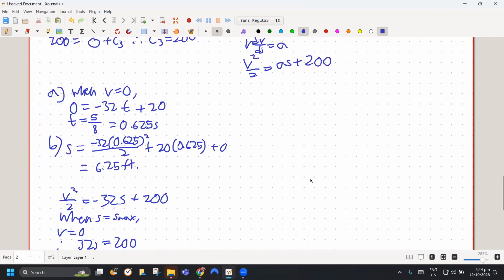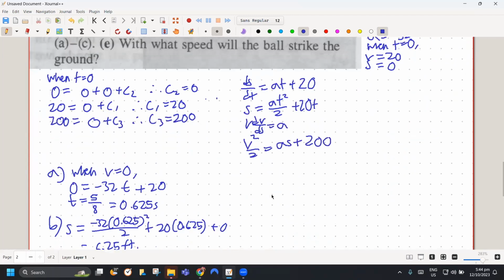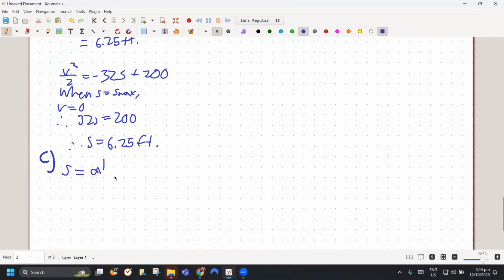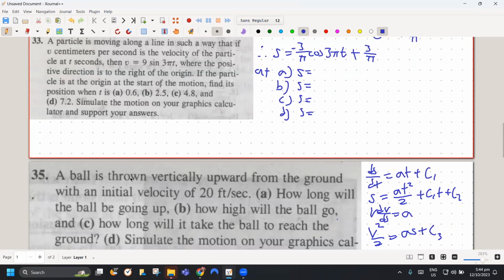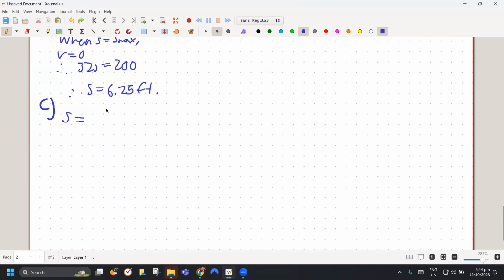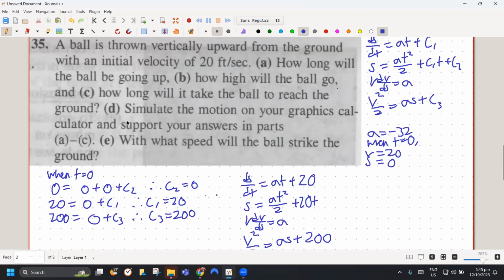So, dito, S. So, from S equals AT squared over negative 32 over 2 or 16. Substitute mo yung values dyan. So, that's negative 32 over 2 or negative 16 T. So, negative 16 T square.